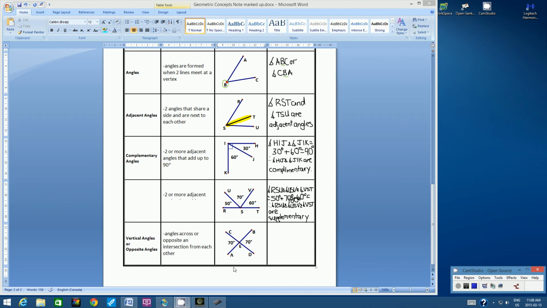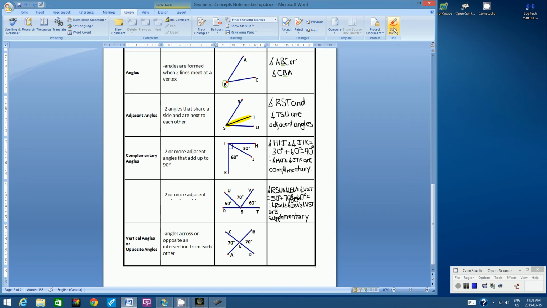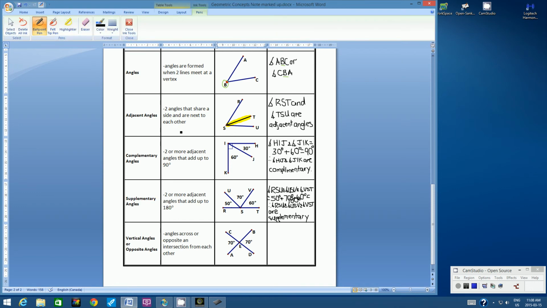Okay. So angle CEA, which is this angle right here, CEA, and angle BED are vertical angles.